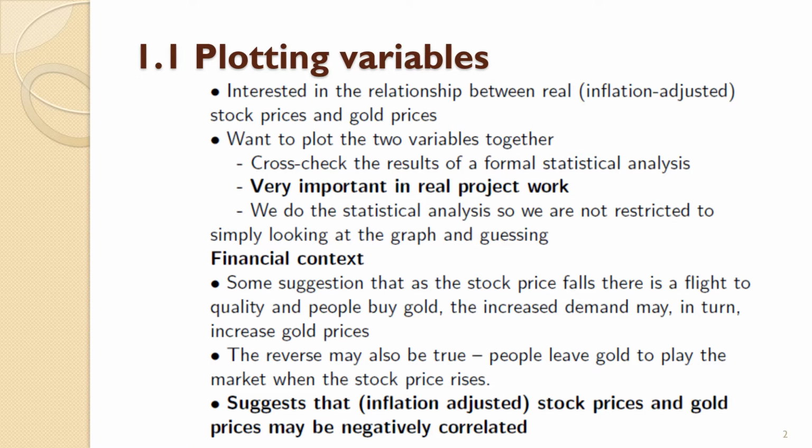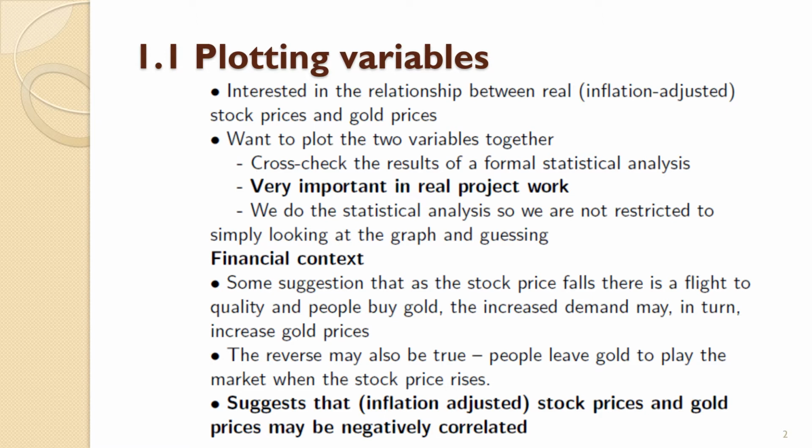And then the point is that you do the statistical analysis, so you're not just restricted to looking at the graph and guessing. In this example, there is a financial backstory. There's some suggestion that as the stock price falls, there could be a flight to quality and people buy gold, very prescient with the ongoing crisis caused by COVID at the moment. This increased demand may lead to an increase in gold prices, so a negative correlation in that respect.